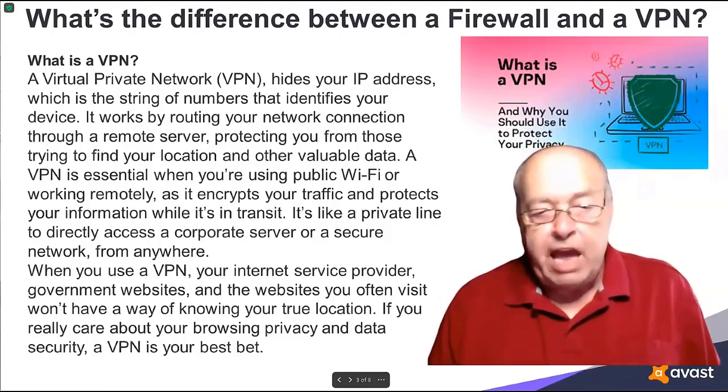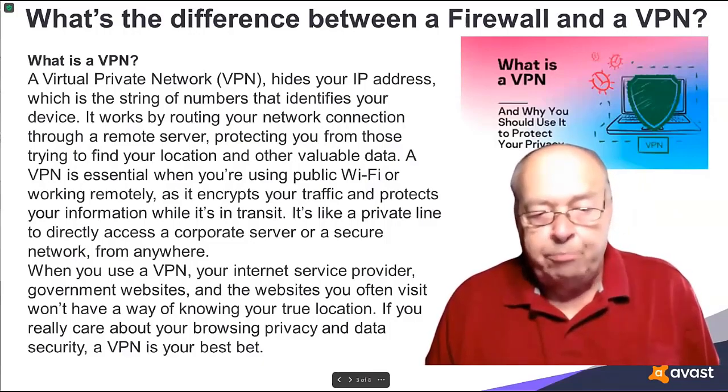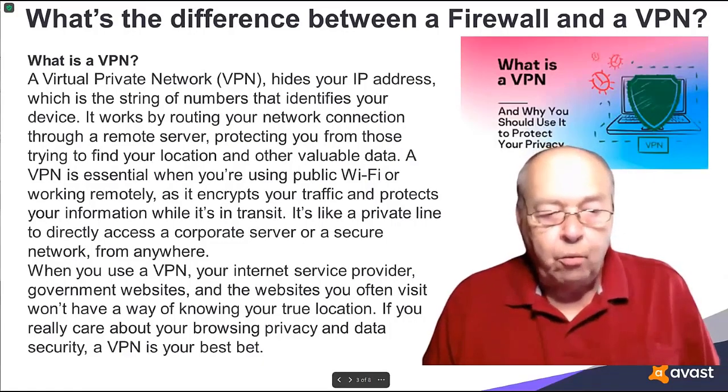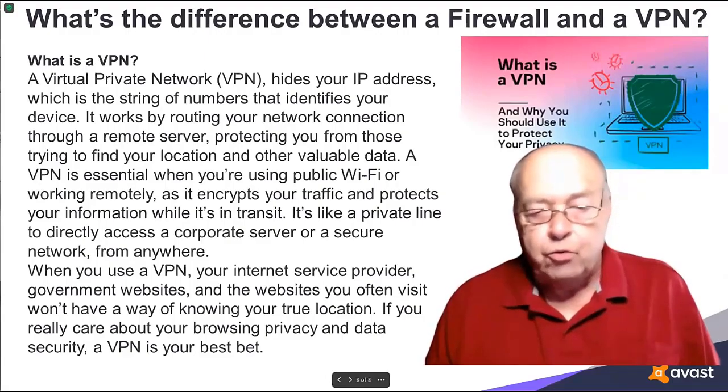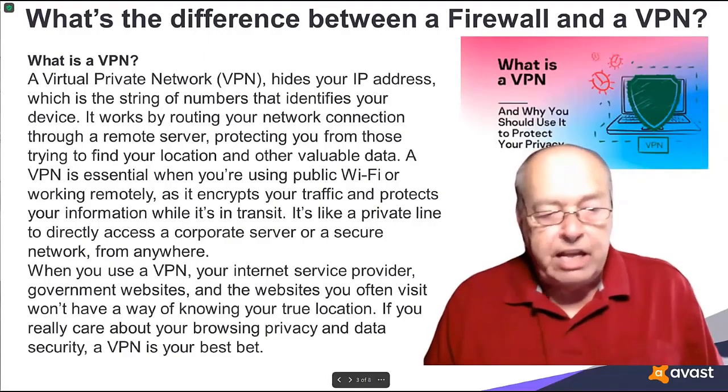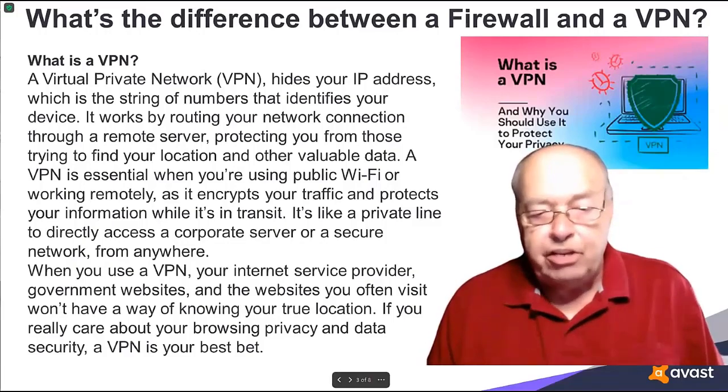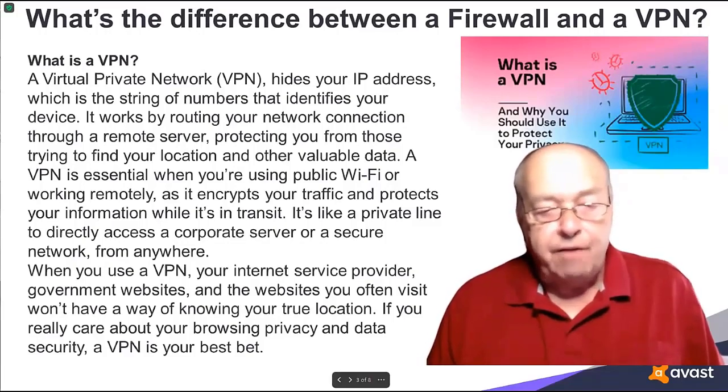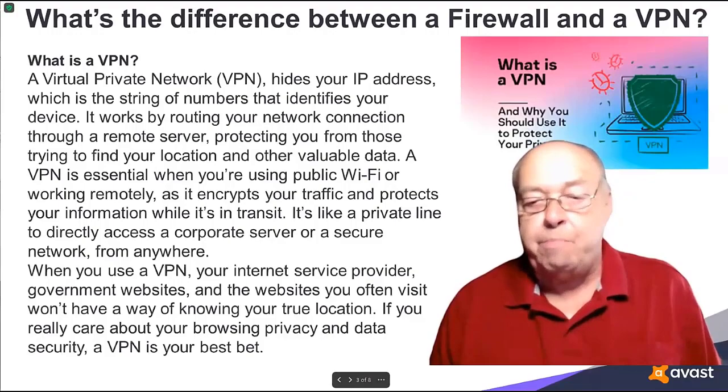When you use a VPN, your internet service provider, government websites, and the websites you often visit won't have a way of knowing your true location. If you really care about your browsing privacy and data security, a VPN is your best bet.